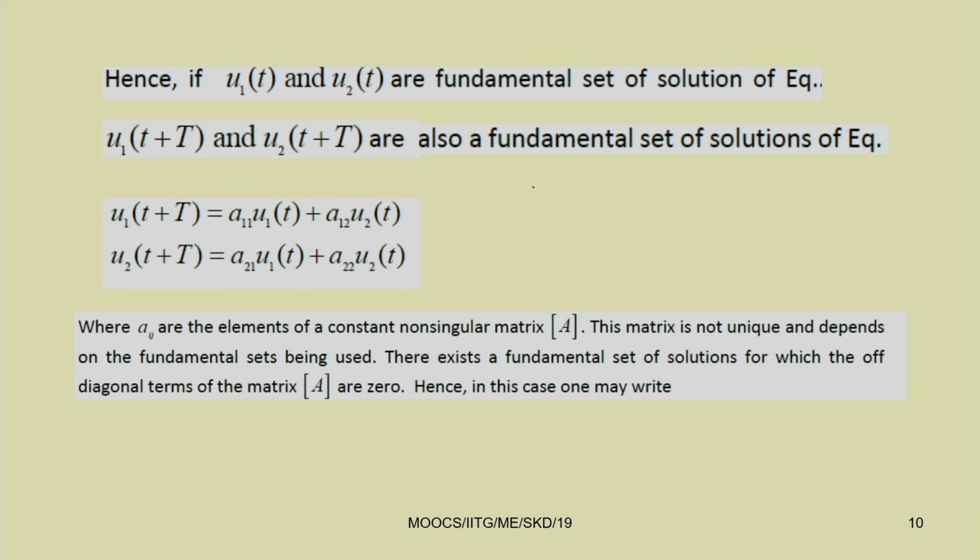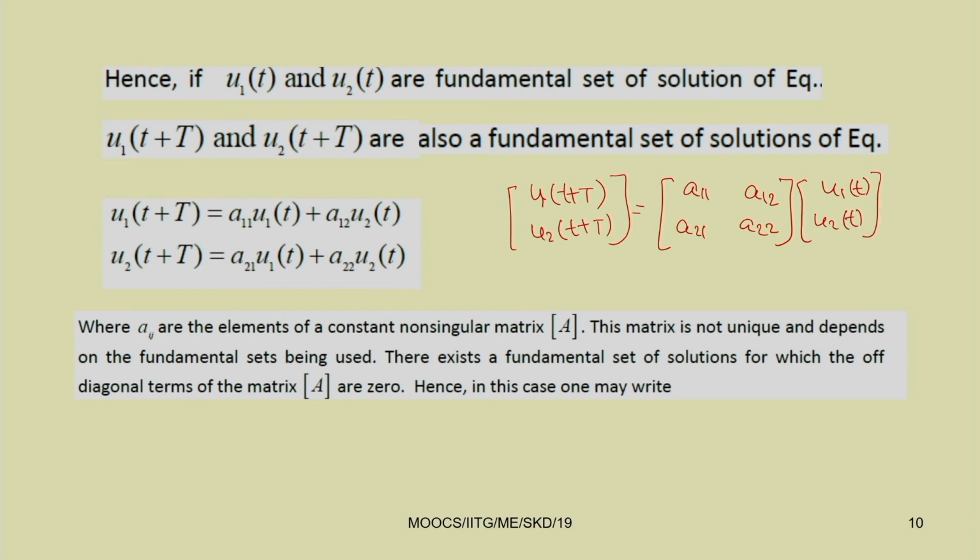So, for example, you can write this vector u1(t+T) and u2(t+T) in matrix form also. So, this will be a11, a12, a21, a22 into u1(t) and u2(t).